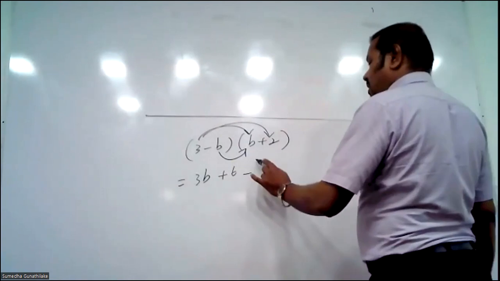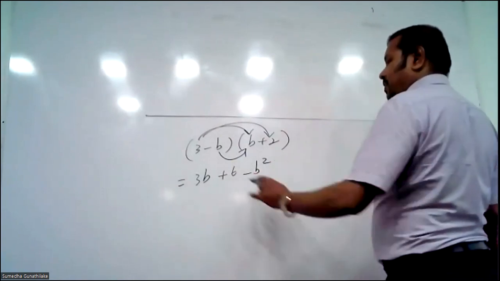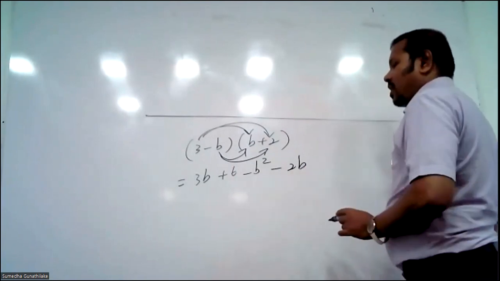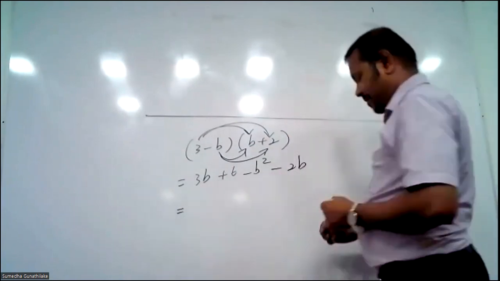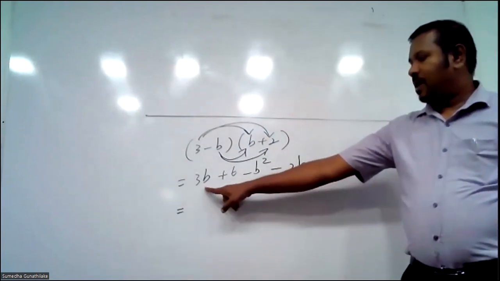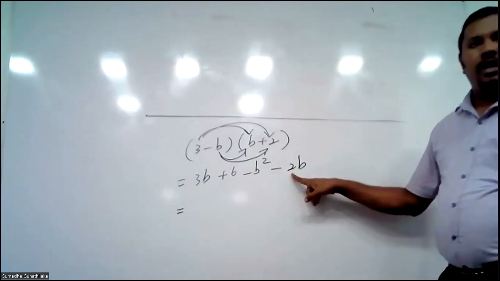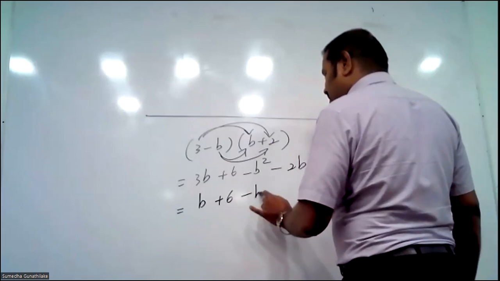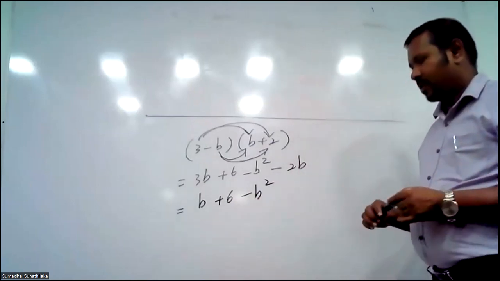Minus b into plus b, minus b square. Minus b into plus 2, minus 2b. You can see two like terms are there. 3b minus 2b is b. b plus 6 minus b square.